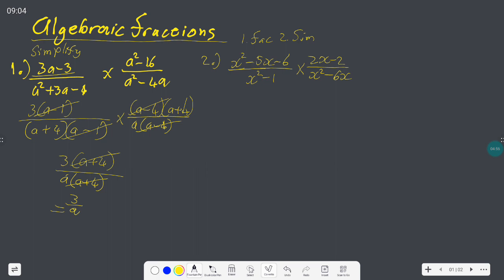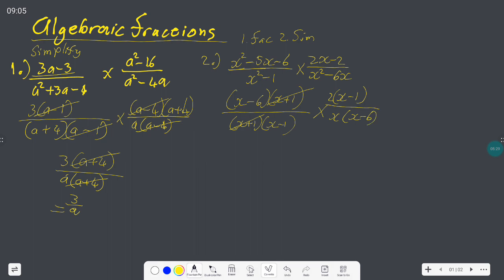Now, my brackets will be x minus 6 and x plus 1, divided by x plus 1, x minus 1. You can already see what has to happen here. These two will cancel out. On that top part, what do I have? 2x minus 1. Bottom, I'm left with x minus 6.